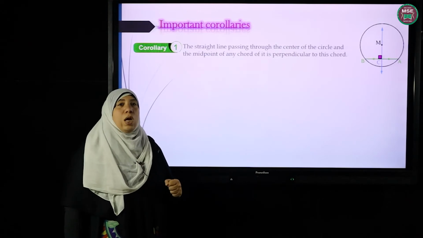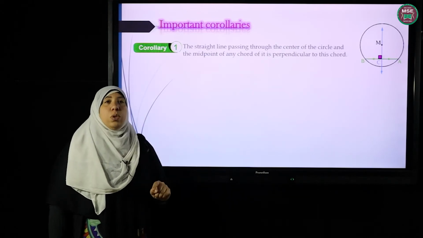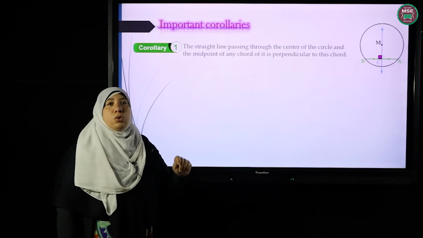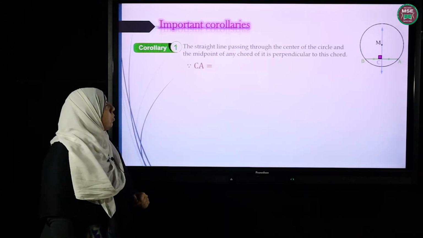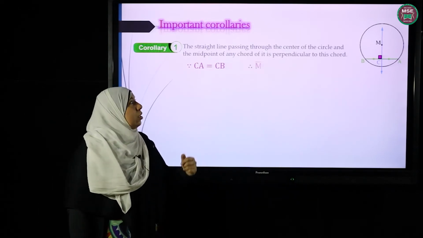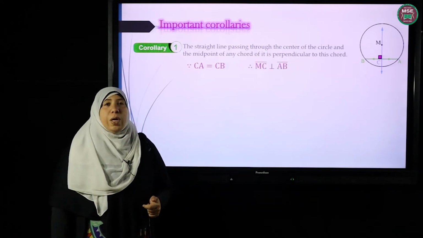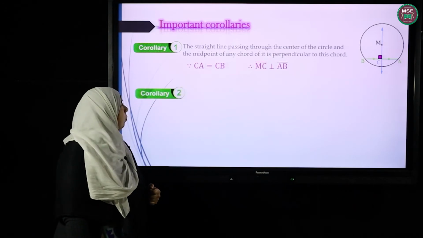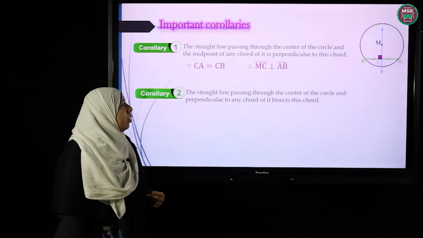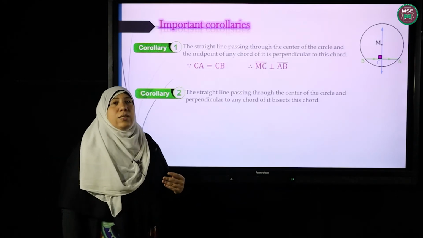So if you draw a line from the center to the midpoint of the opposite chord, this line is perpendicular to this chord. So if CA equals CB, then MC is perpendicular to AB. Corollary number 2: the straight line passing through the center of the circle and perpendicular to any chord of it bisects this chord.